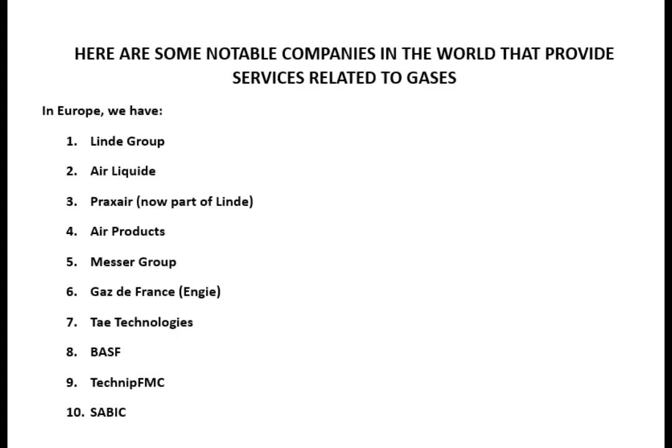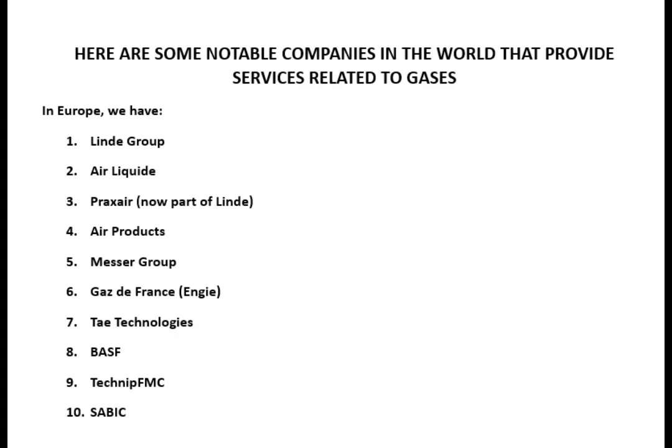3. Praxair, now part of Linde. Services: industrial gases, gas distribution, and related services across multiple industries including healthcare, chemicals, and energy. Website: https://www.linde.com. 4. Air Products. Services: provides atmospheric, process, and specialty gases along with equipment and services, focusing on industries like energy, chemicals, and food production.